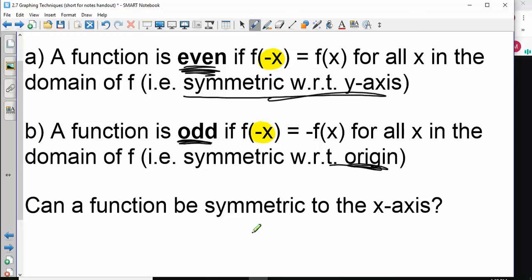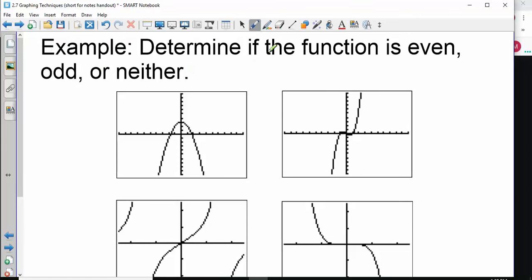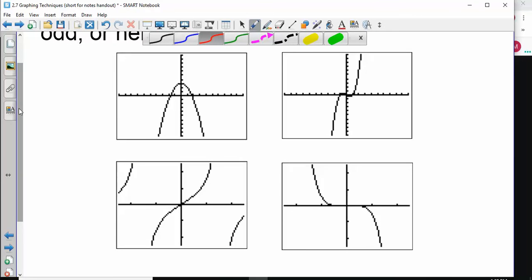So if it's even, you should be able to plug in a negative and get the original function back out. Odd, you had to put in a negative x and a negative y. So if it's odd and we put in a negative, we should get the exact opposite of what we started with. So again, it's kind of the same thing, just written a little differently because we have function notation. Let's look at some graphs first and make sure we can decide if they're even, odd, or neither from the graph.